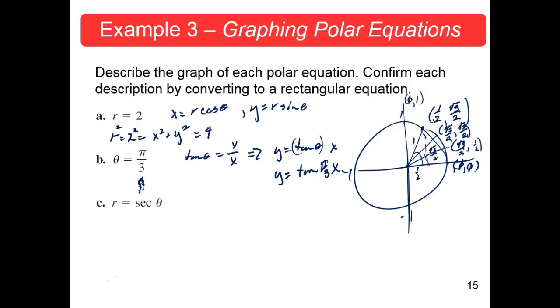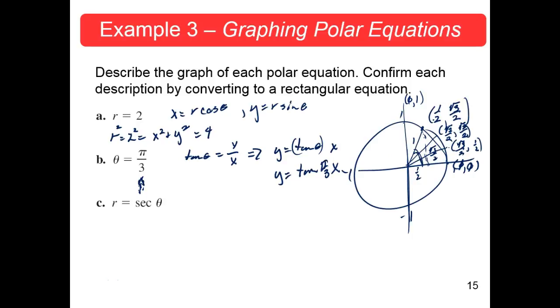So what is tangent of pi thirds? Now that you've got the coordinates, what is tangent, in general? Opposite over adjacent, which is your opposite side, the y, over your adjacent side, the x. So it's y over x. And when you're at pi thirds, what's your y over x?